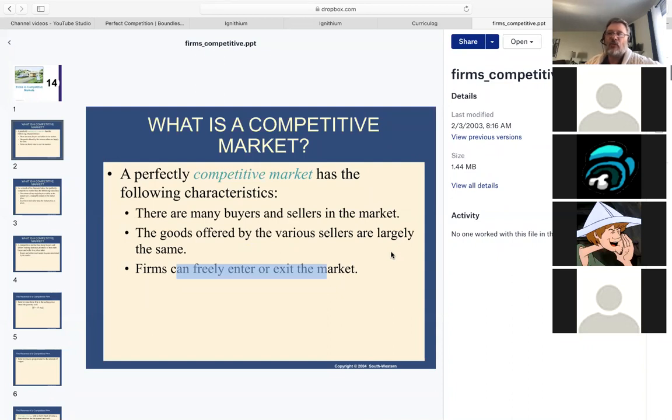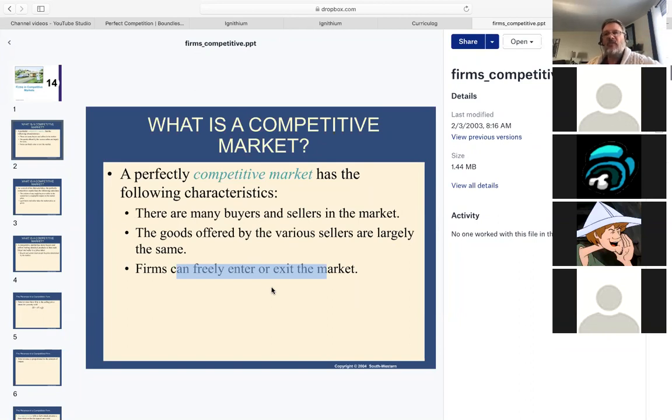If you make a new pharmaceutical and you file a patent for that pharmaceutical with the US Patent Office, then that gives you rights to be the exclusive seller for a period usually of about 17 years of that medicine. And so in pharmaceuticals, particularly ones that have patents on them, there is no free entry and exit.